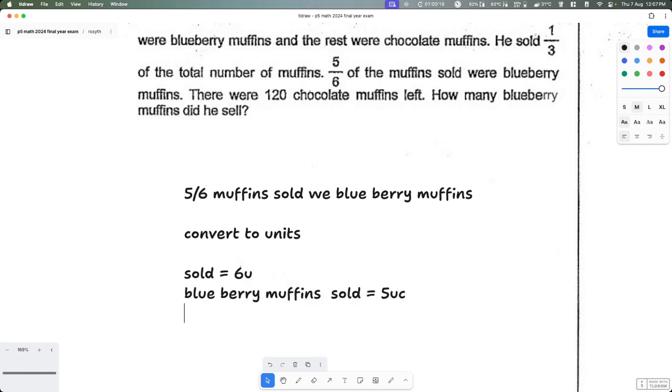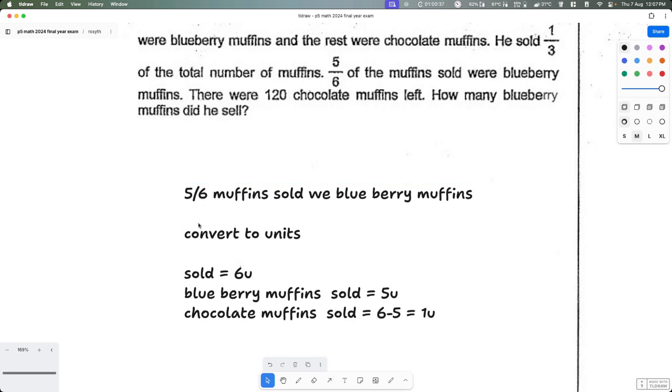Then chocolate muffins sold is 6 minus 5 equal to 1 unit.